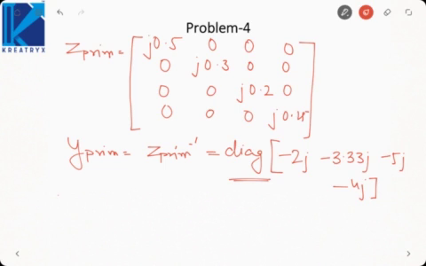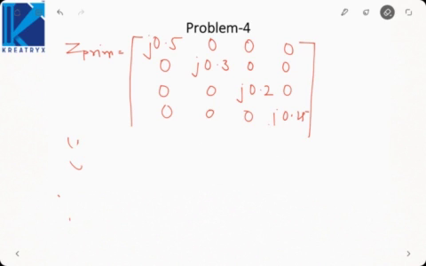Now to calculate Y-bus, we have to calculate A transpose Y into A. So let us first calculate Y into A. So let me change this matrix to Y primitive.